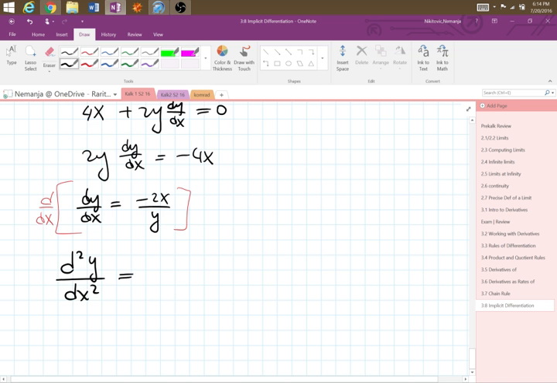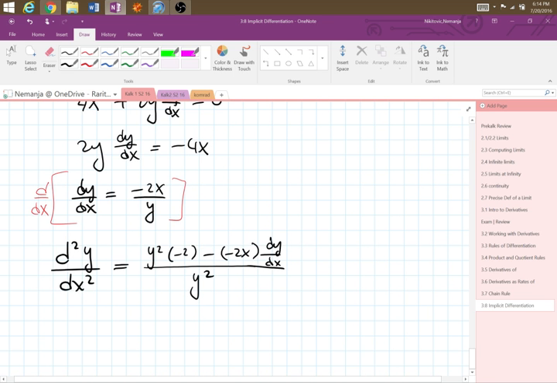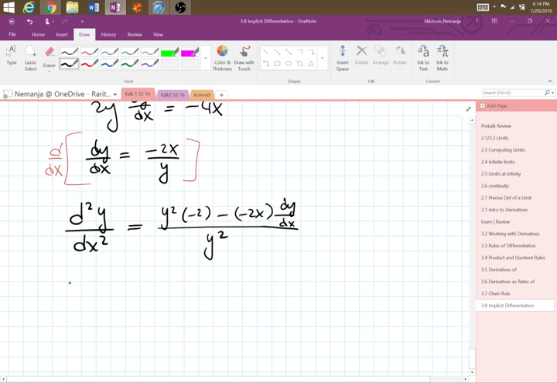We're taking the derivative of the other side, and it's a quotient rule, right? Wonderful. Y times negative 2, minus negative 2x, and then the derivative of y is dy/dx, all over y squared. And we don't have to do anything here, because we are looking for the second derivative, and as you can see, the second derivative is equal to everything else.